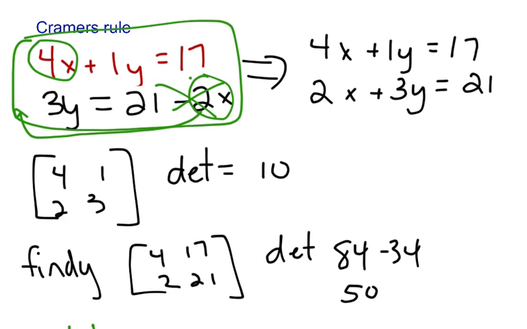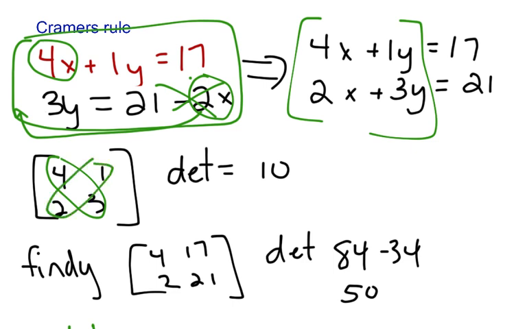Okay, so now, using the coefficients here, I'm going to get 12 minus 2, which is 10. So my determinant is 10. Now I'm going to replace the y's here with the solutions, which are 17 and 21.